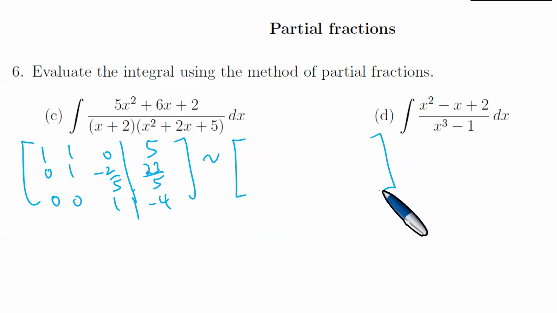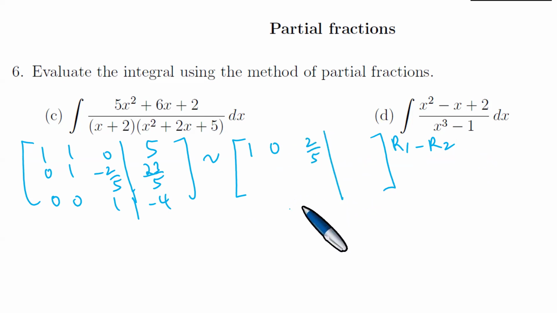At this point, you want to get a 0 here. Row 1 minus row 2. 1, 0, 2 out of 5.